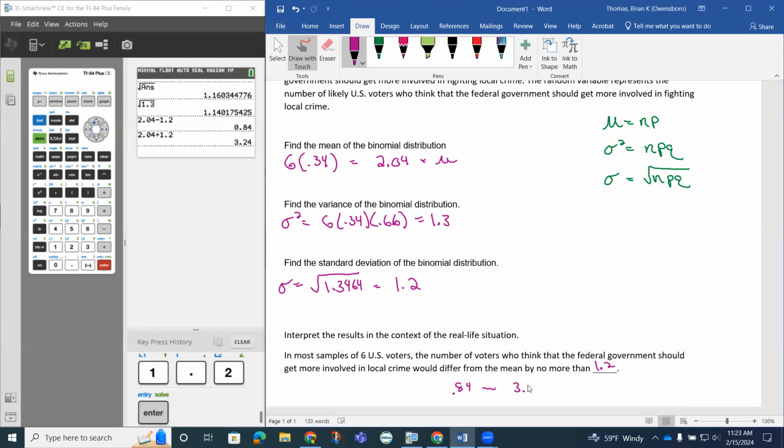So that would be the range of the people who would be okay with the federal government being involved in local crime, like 0.84 of a person to 3.24 of a person. That's kind of what we're getting into with that math. So that's how you can determine mean, variance, and standard deviation involving a binomial distribution.